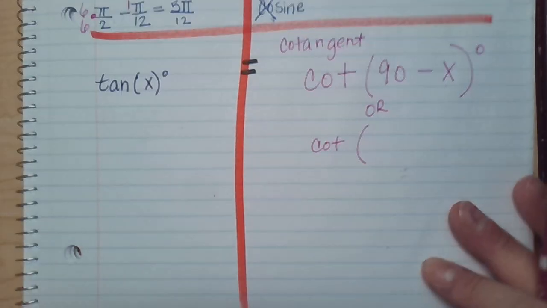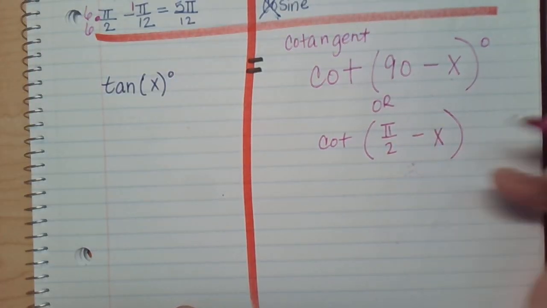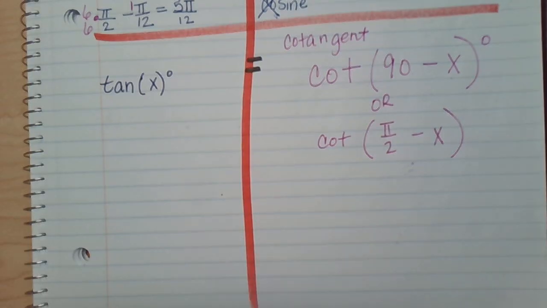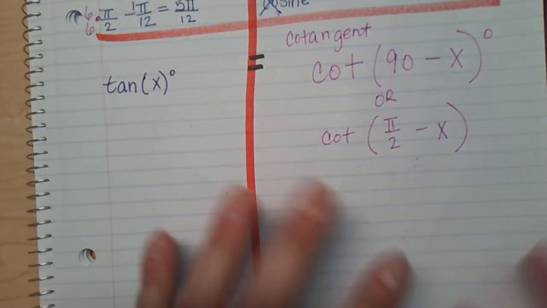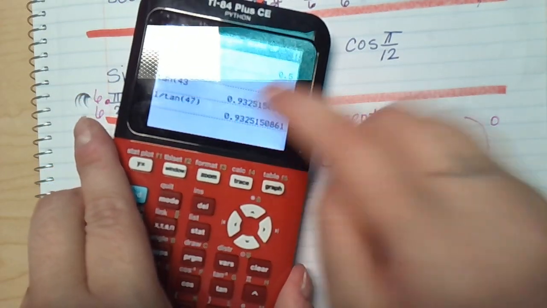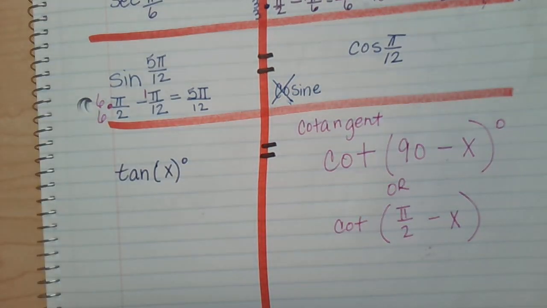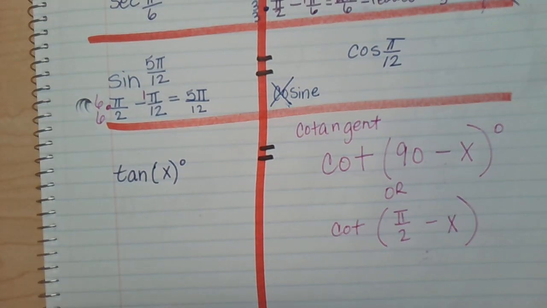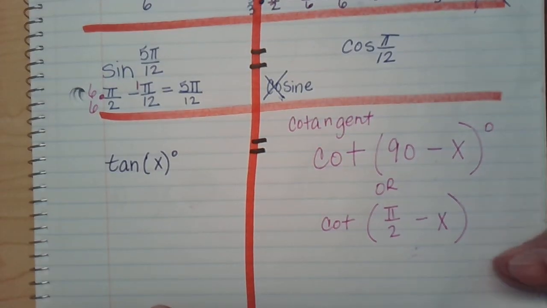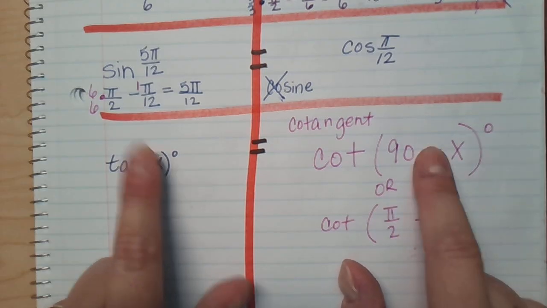So we would say pi over 2 minus x, and there would not be a little degree symbol. So those are cofunctions, and the reason we talk about them is because their values are equal. Sometimes when we're doing our work, we might save 30 seconds by using that trick. So cofunction, it's all about that three-letter word and the angles adding up to 90.